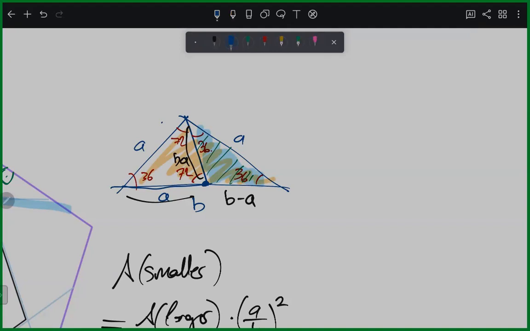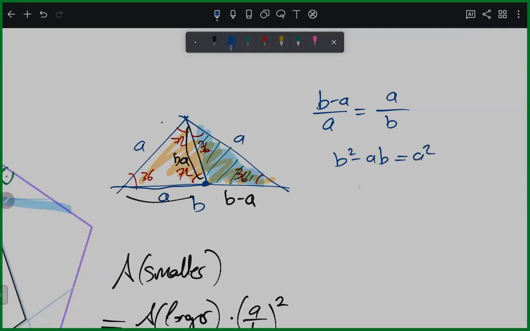And what's the similarity ratio? One of the equal sides in the smaller triangle is B minus A, and in the larger one it is A. The largest side on the smaller one is A, and on the bigger triangle it is B. So this gives a relation between A and B. Let's work it out: B squared minus AB equals A squared.